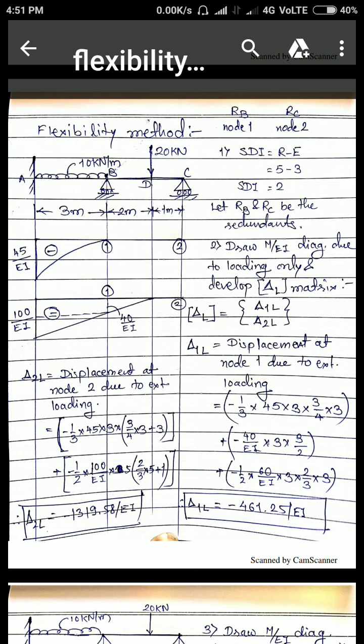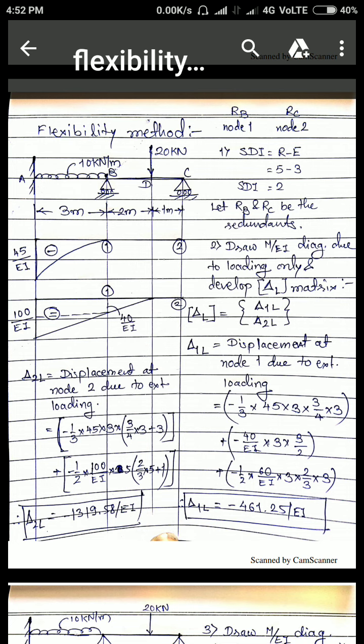Now you have to calculate the distance of your parabolic center from node 2. That means 3/4 of 3 plus this 3 of span BC. Okay, so that will be your first moment of area.